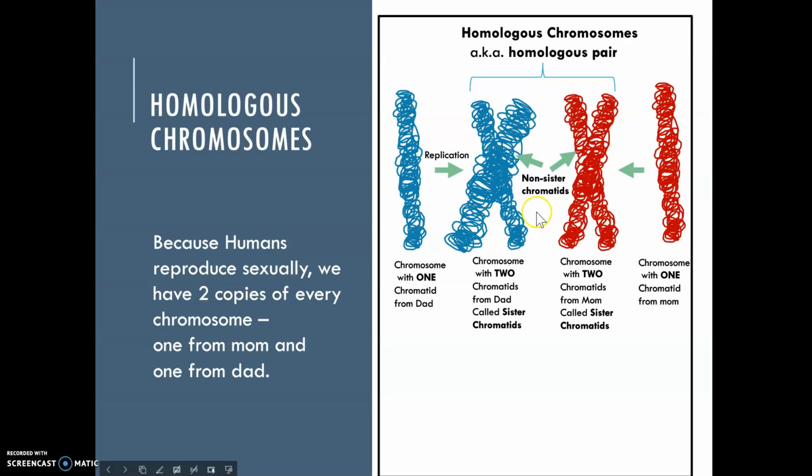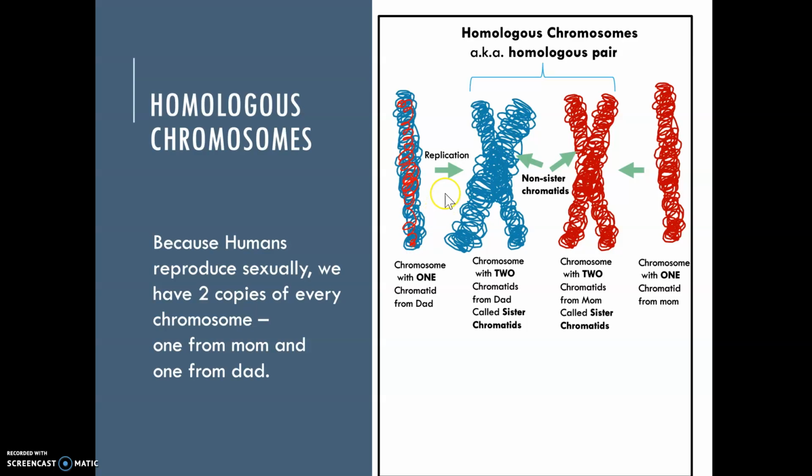And so I'm going to have you start way over here on the left side, and we'll make a whole bunch of squiggles to show an uncopied chromosome, or 1 chromosome that has 1 chromatid from dad. So just make a whole bunch of squiggles real quick, and that will be our single chromosome.